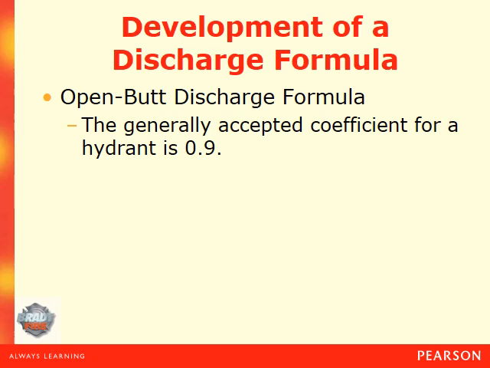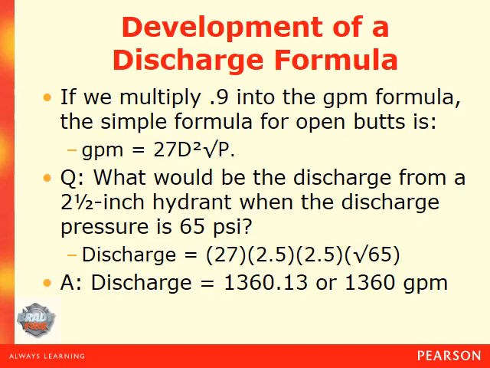The generally accepted coefficient for a hydrant is 0.9. If we multiply 0.9 into the GPM formula, the simple formula for open butt is this. Gallons per minute equals 27 times the diameter squared times the square root of pressure.